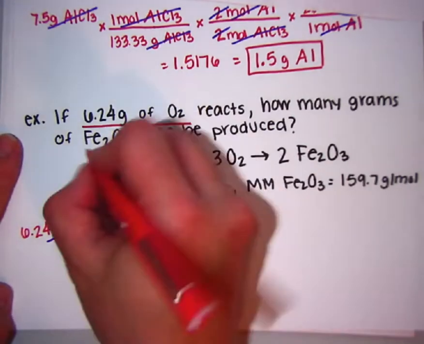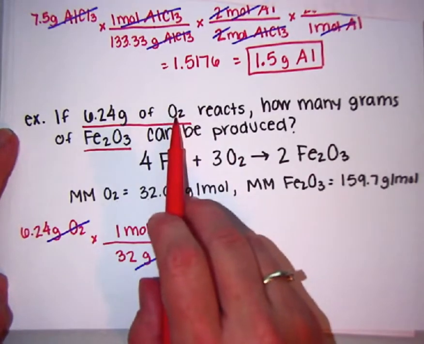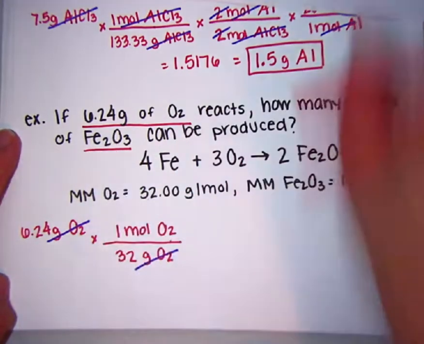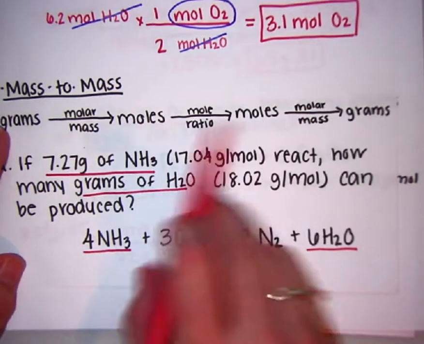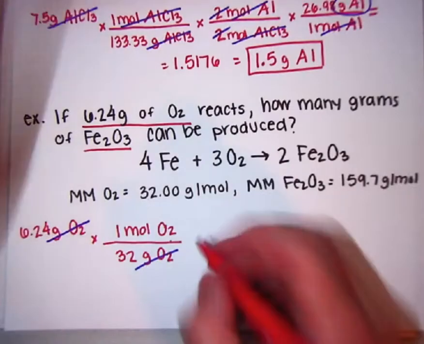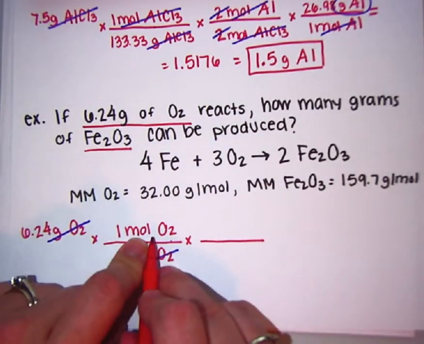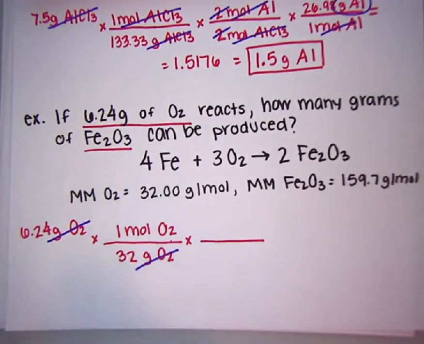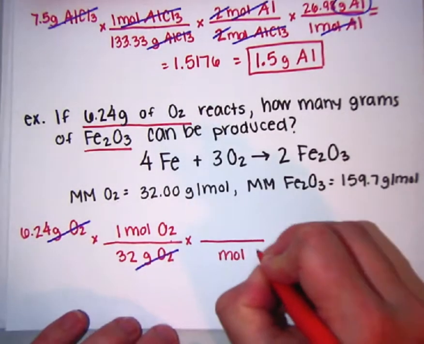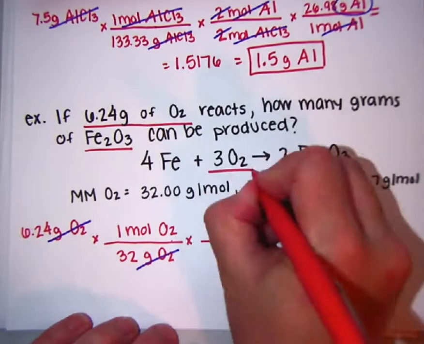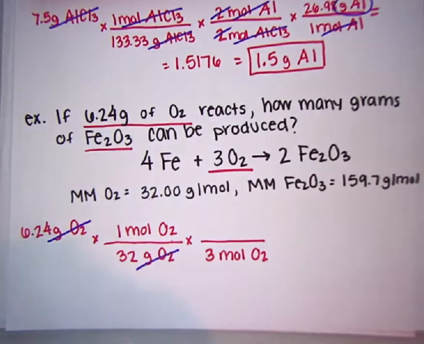But I need to get to iron 3 oxide. Anytime you're starting with a different substance than you're solving for, you need a mole ratio. We're going to go from mole to mole using the mole ratio. Again, this should be automatic. Whatever unit is here, write down here in the denominator. Based on my balanced reaction, 3 moles oxygen.